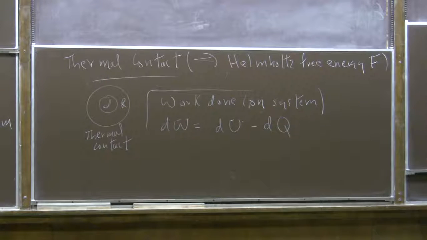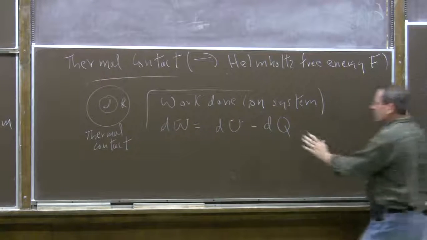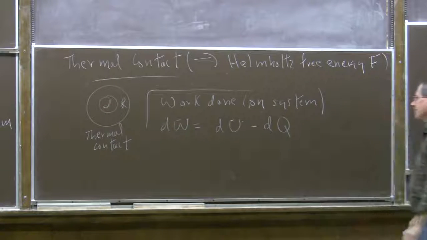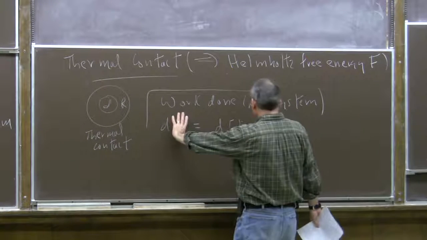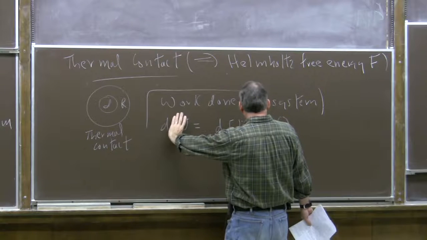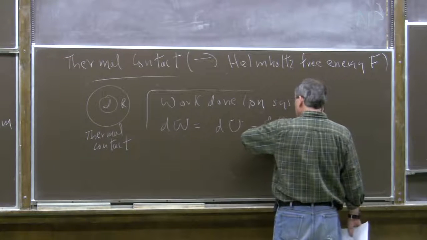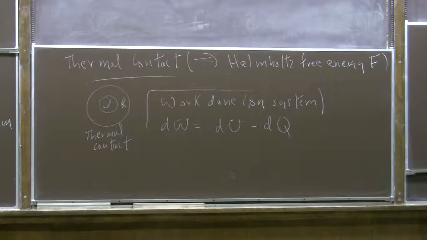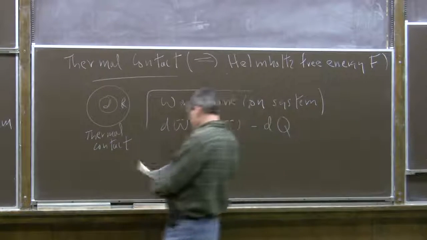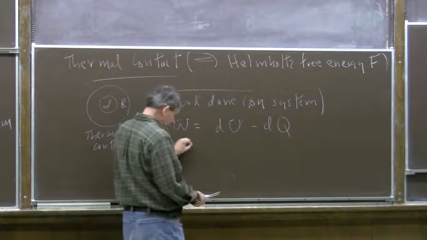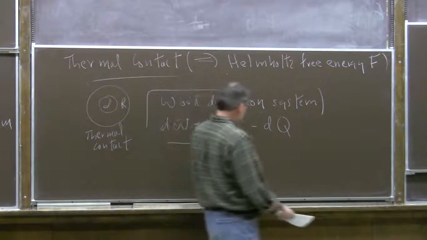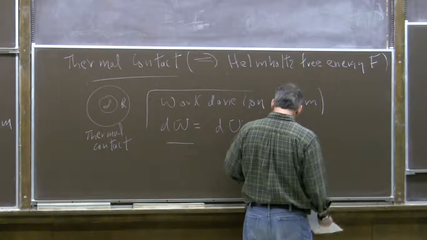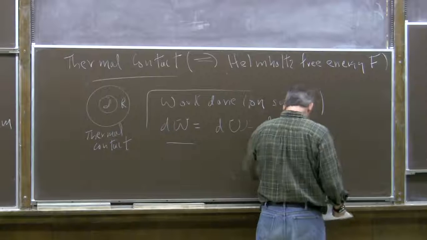So in other words, if we do work on the system without any heat flow, then its internal energy goes up. And if we're not doing any work on the system and positive heat flows into the system, then its internal energy goes up. Right? Now, when we're in contact with a reservoir with some fixed temperature, then dq, or minus dq, is just minus tau d sigma.